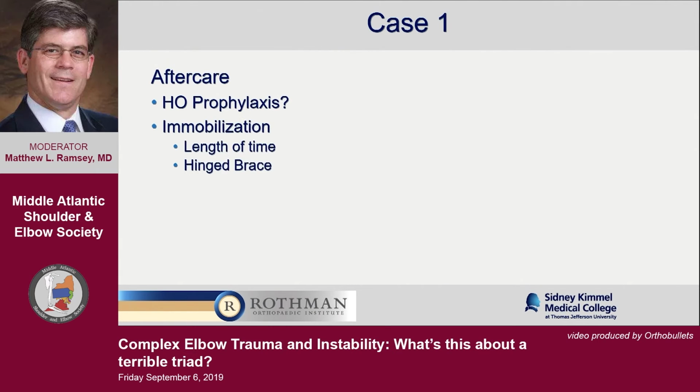One of the things that I try to do is, before you've even fixed it, put the patient through an arc of motion and find the arc at which it becomes unstable. That gives you an idea of where it should be stable after you've fixed it, because it's unstable with the fracture down. If you're not sure of your fixation, there's tremendous forces that go through the elbow, even passively.